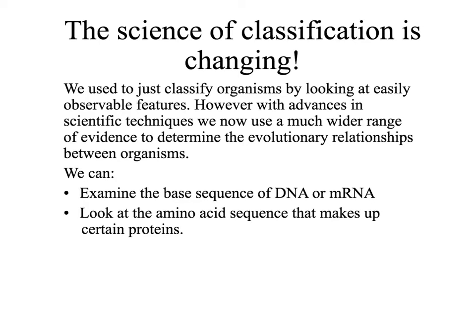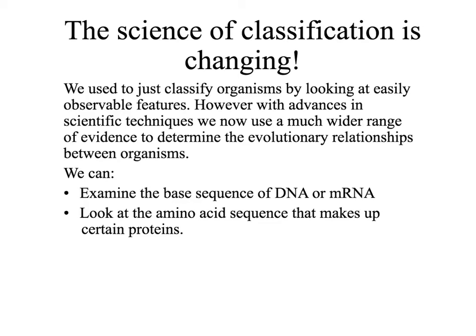However, things are now changing, because of advances in science and technology, particularly in the last 20 or so years. We can now look at diversity by examining the DNA-based sequence of a particular organism, or maybe looking at their mRNA-based sequence to look for those similarities and those differences between different organisms.